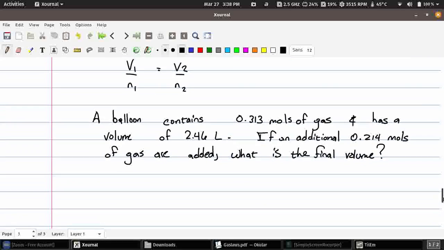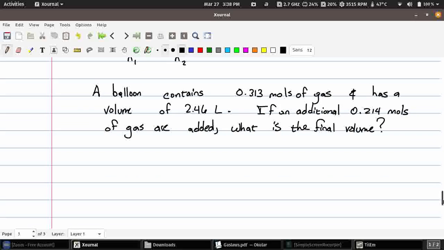Okay, so we've been given some information here that we have to plug into Avogadro's equation. So the way we do that, we have N1, it's right here. We have V1 right there. So we have N2 right there, but we have to add it to N1. So let's label everything.